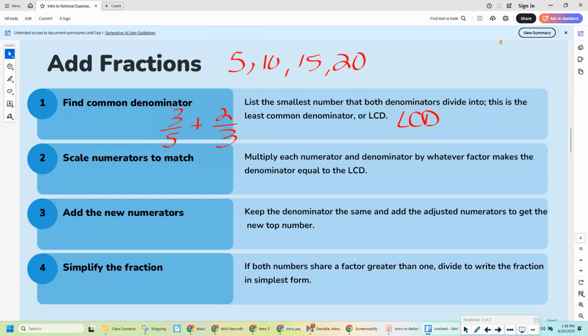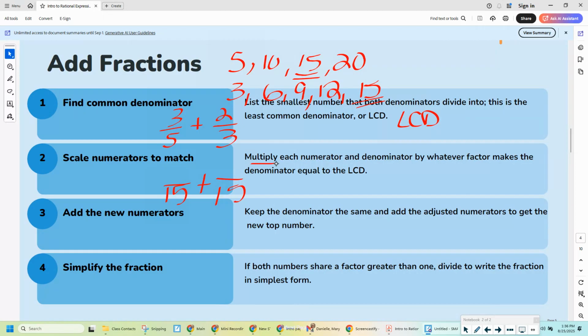And then our multiples of 3 are 3, 6, 9, 12, 15. I'm going to stop there because I have a 15 that they are both able to divide into. So that's going to be my smallest number. So I want to turn my denominators both into 15.